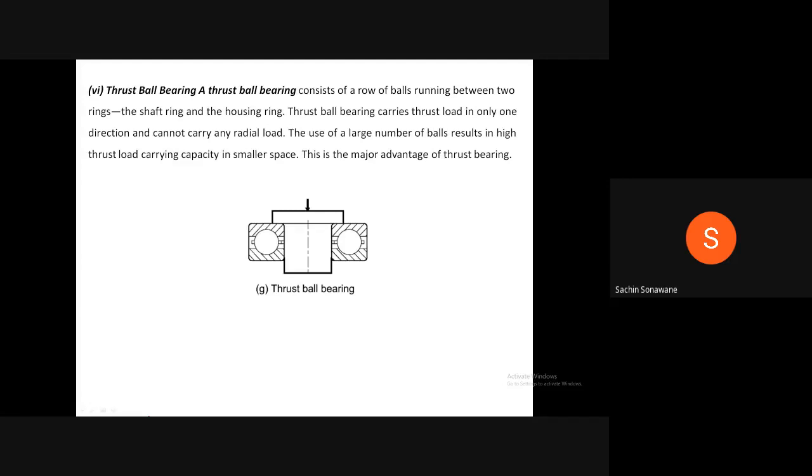A thrust ball bearing consists of two rows of balls running between two rings, the shaft ring and the housing ring. A thrust ball bearing carries thrust load only in one direction and cannot carry any radial load. The use of a large number of balls results in high thrust load carrying capacity in smaller space. This is the major advantage of thrust bearing. Therefore, this is the thrust bearing.